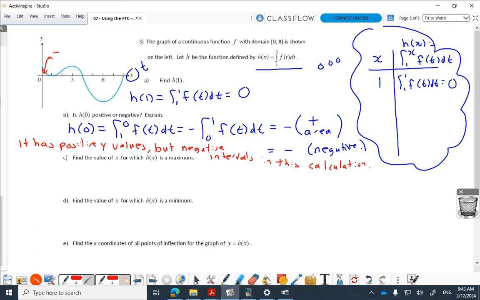After 1, life gets easier. This part here, that'll be calculated as a positive. Yes? What about this part here? That's now a negative area again. It's not a negative area. It'll be calculated as a negative value. When is h a maximum? It goes negative stuff, so that's negative values.